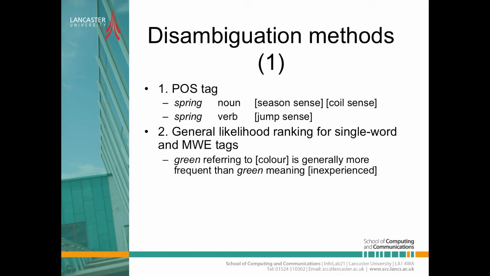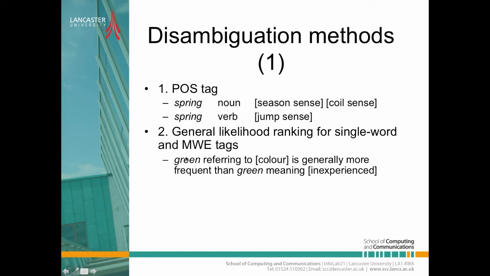Second of all, the method is a general likelihood ranking for the tags in the underlying dictionary. In that example I showed you before with presentation, the semantic tags are listed in likelihood order. We've used our intuition and corpus knowledge that we have available to us to determine this likelihood ranking.